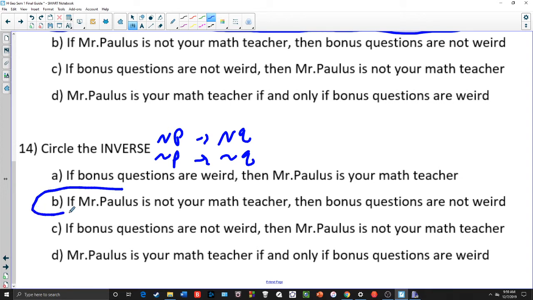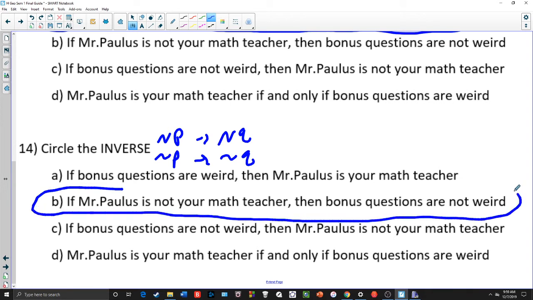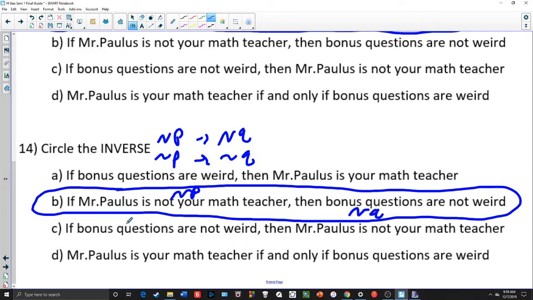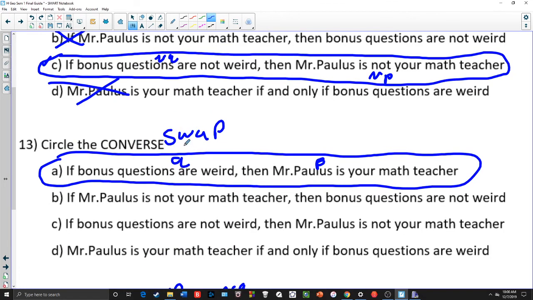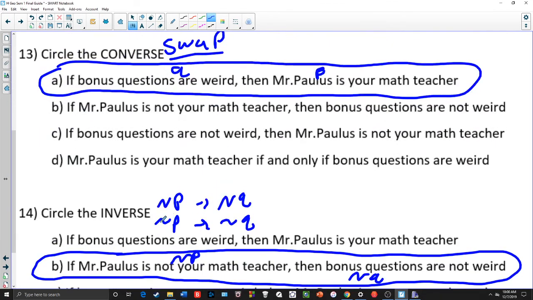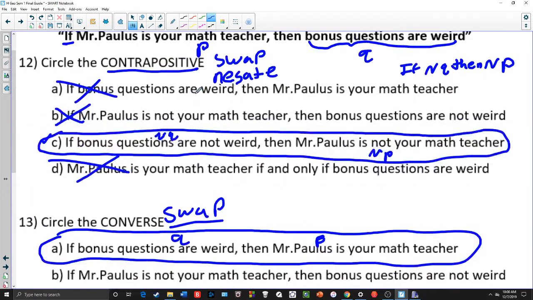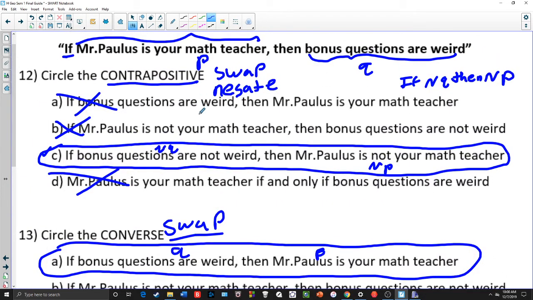So if Mr. Pauls is not your math teacher, then the bonus questions are not weird, which is not Q. So converse, inverse, contrapositive deal with swapping for converse, negating for inverse, and doing both for contrapositive. Contrapositive is the one where you do both of them. Everything else is just one change.